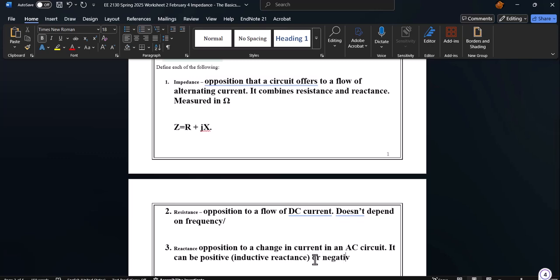Or negative, which we call capacitive reactance. And it's also just measured in ohms.